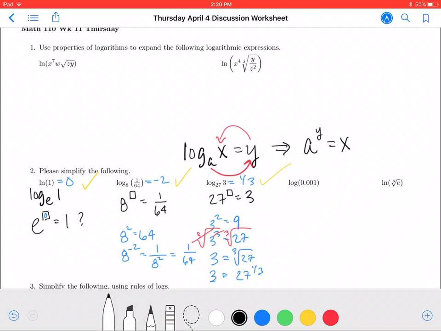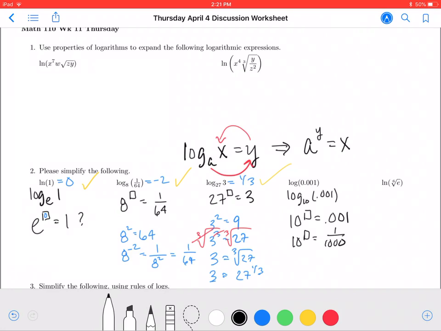Okay, moving along. Log, if the base is not given to us, we assume it to be base 10. So log base 10 of 0.001. This is really asking 10 to what power is equal to 0.001. Well, this would be a lot easier to think about if I wrote 0.001 as a fraction.